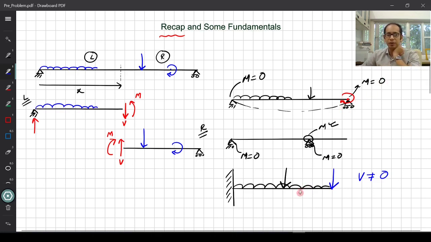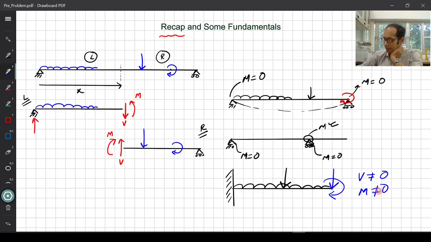Similarly for the cantilever, if your cantilever end is free, that is at the end of the cantilever you do not have an applied force, or for that matter an applied moment over here, then in this particular case also your M is not equal to 0.